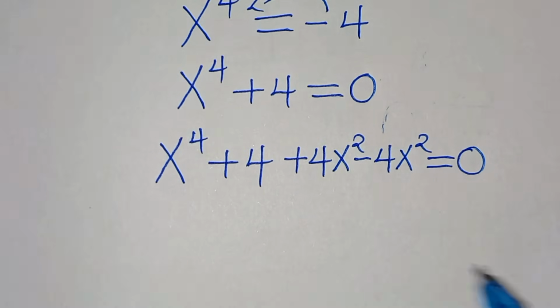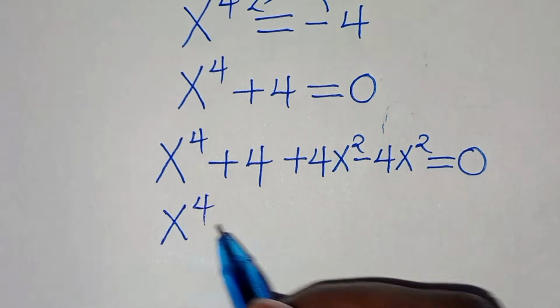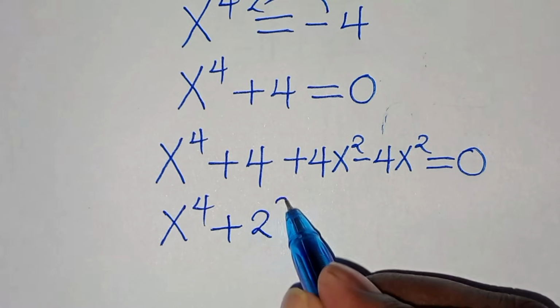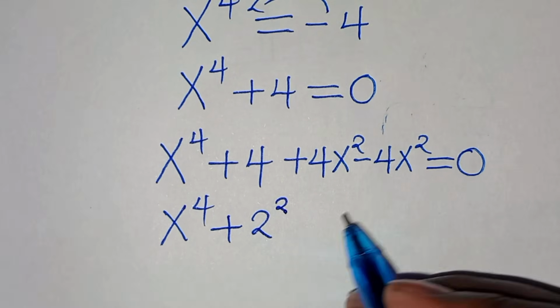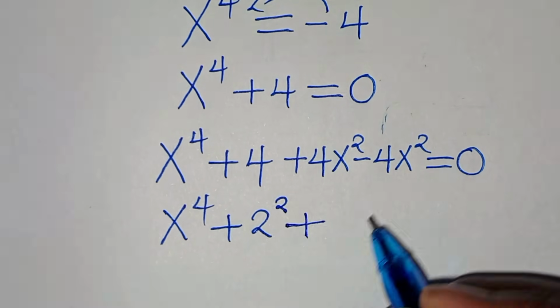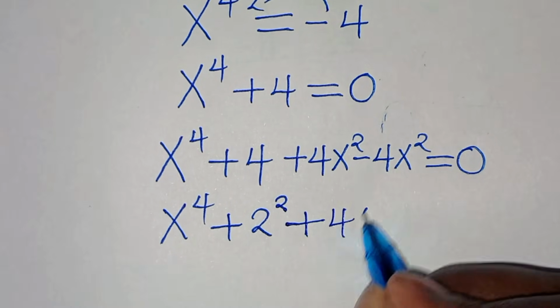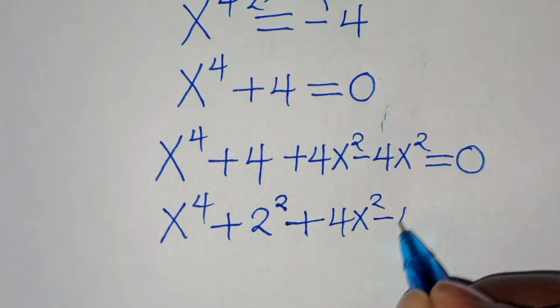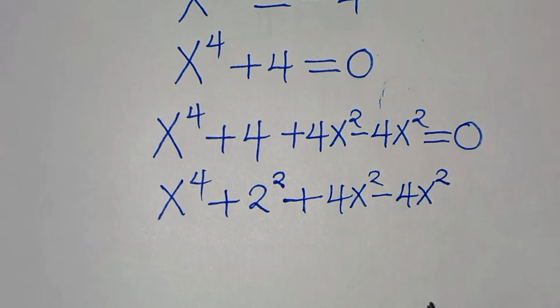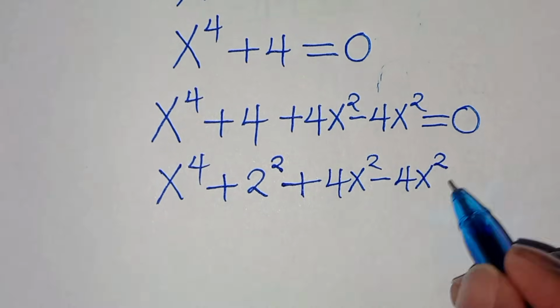Now, the next step is that x to the power of 4 plus 4 can be expressed as 2 to the power of 2. Then we have plus 4x squared minus 4x to the power of 2, equals 0.